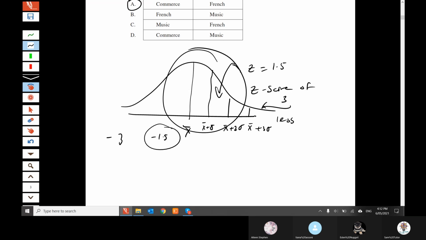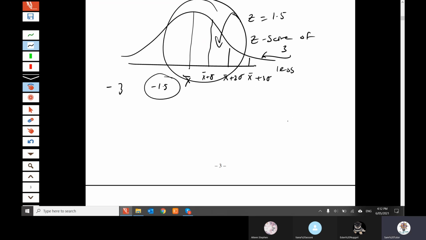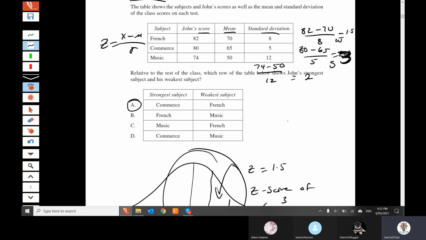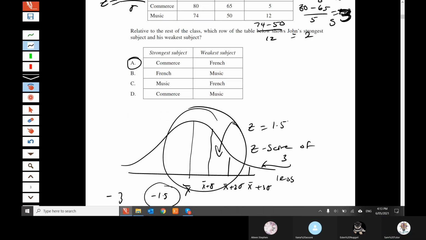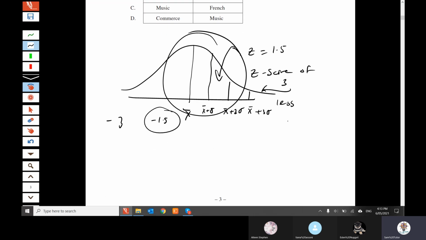Yes, no? French is the strongest? No, it can't be. French is the weakest. Smallest. But you've got to know why, because I asked you why and you guys couldn't do it. Look, we're here. This is the mean. 1 z-score is here. Would you rather be at 1 z-score or 2 z-score?